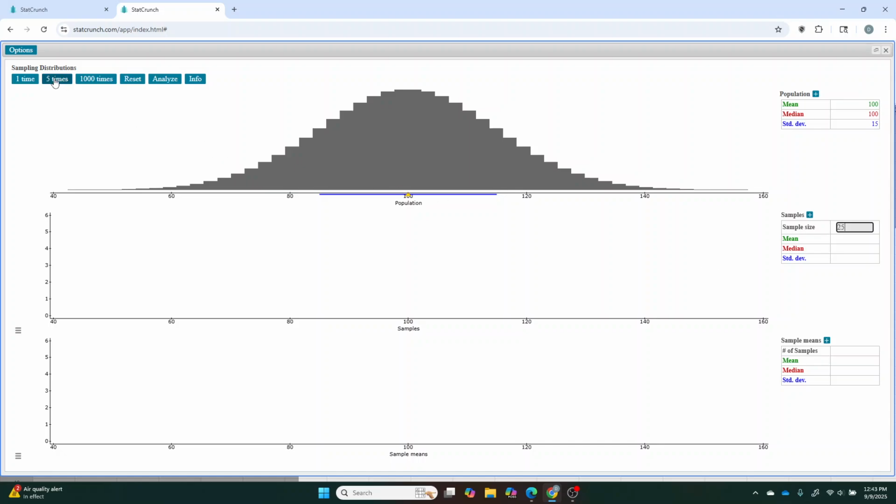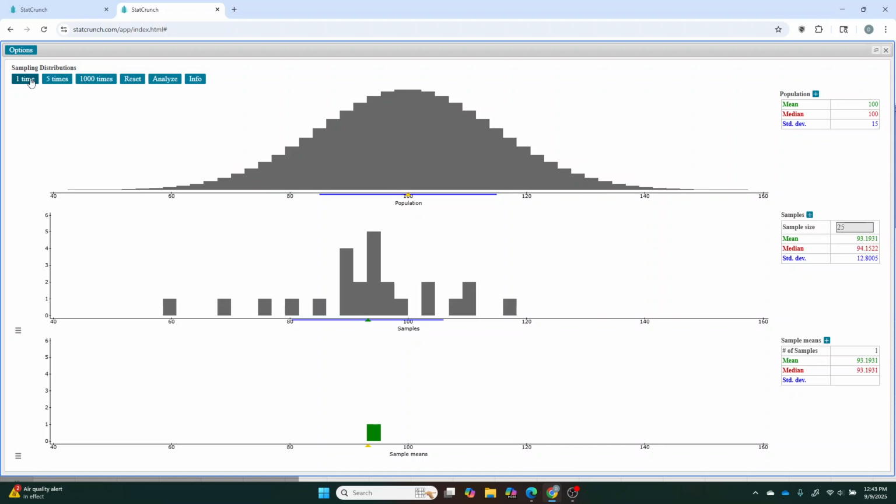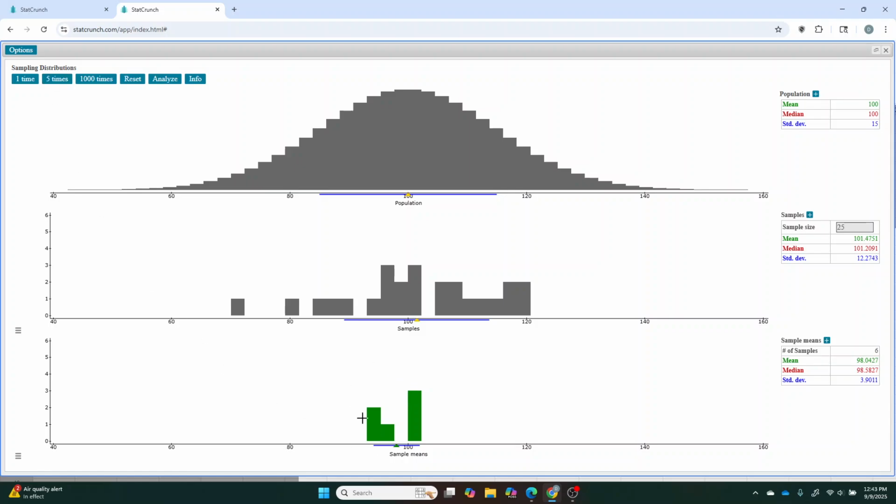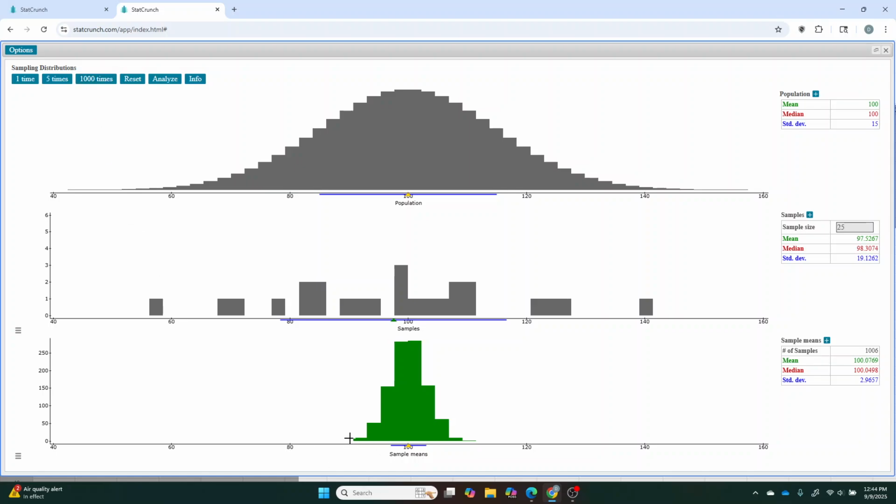I can take one sample of size 25, and it'll compute the sample mean. I can do this 5 times, and we start to get a little distribution down here. I can do it 1,000 times. And what I end up with is, sure enough, a bell-shaped distribution. The mean of the sample means is approximately 100.